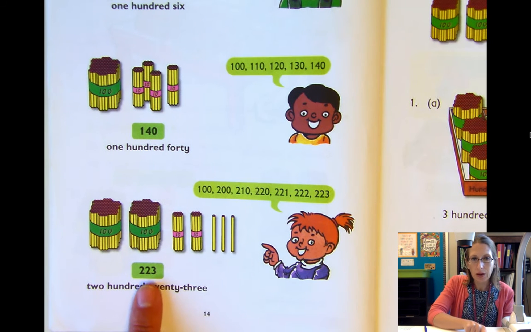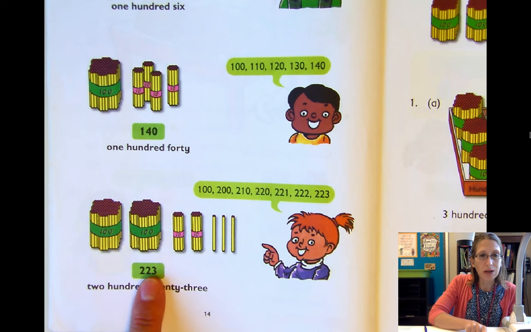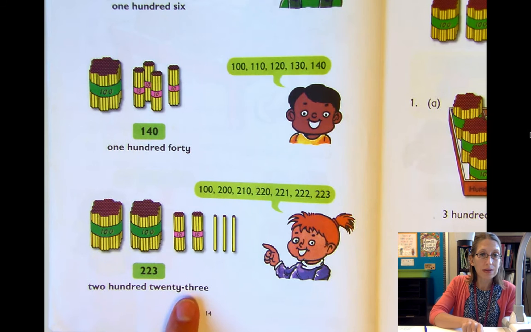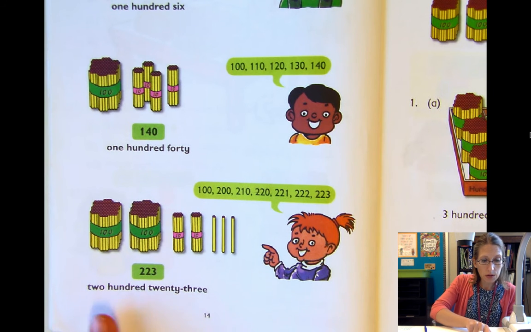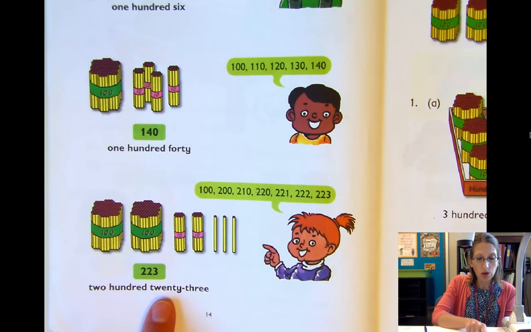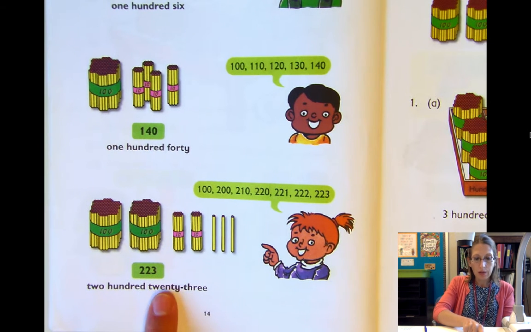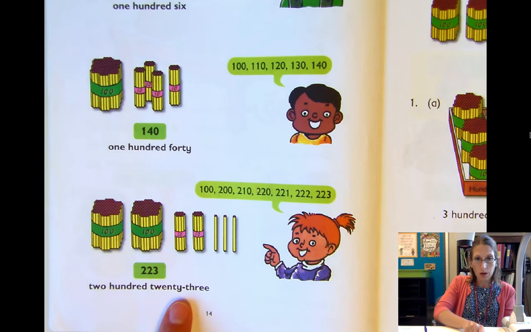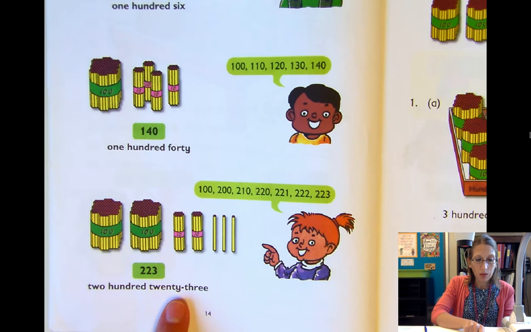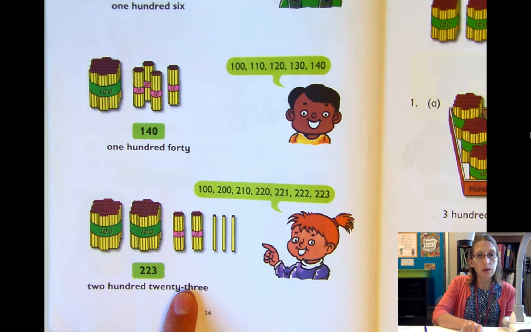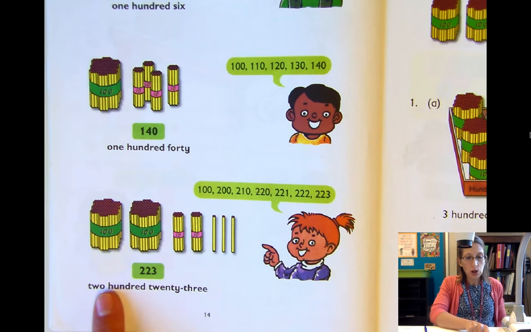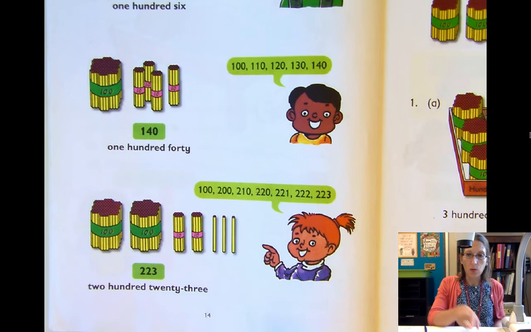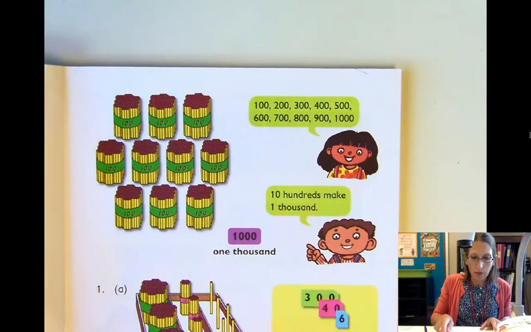This is how we write that in numbers or in digits, and this is how we write it in words. 223. And then again, just like we learned about a little while ago, between the tens place and the ones place, we put a little dash, a little hyphen.